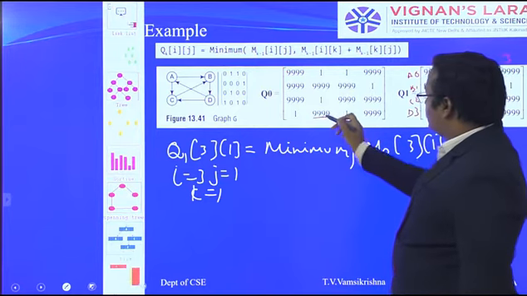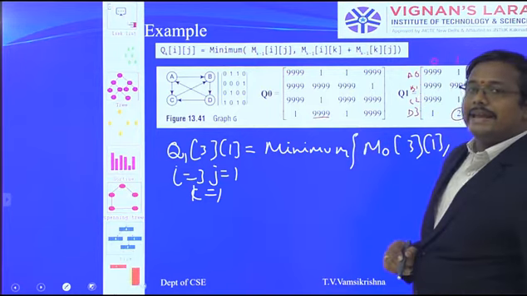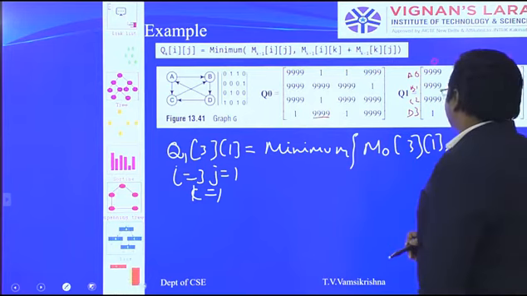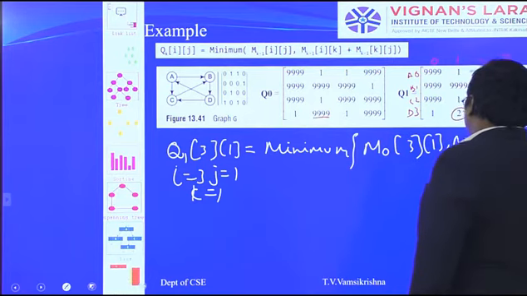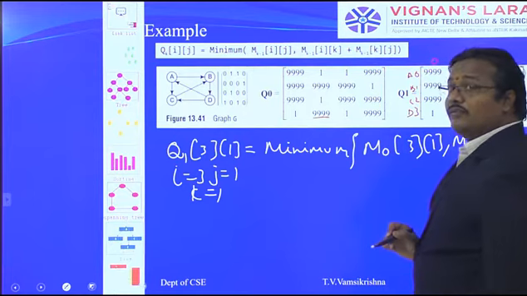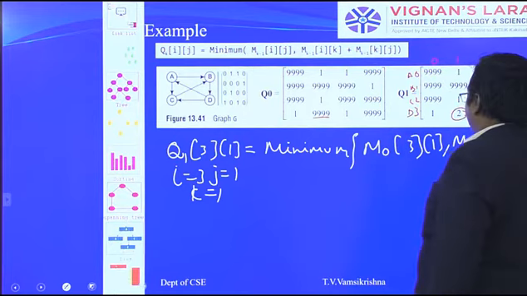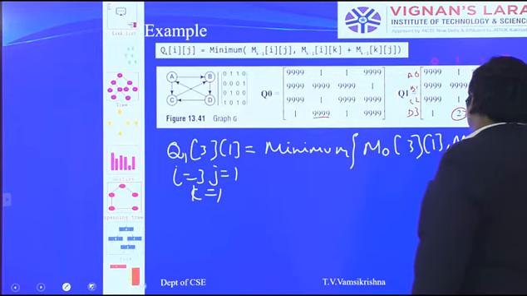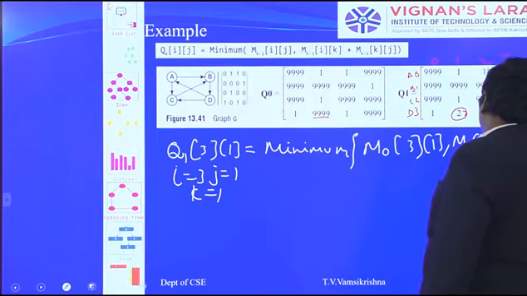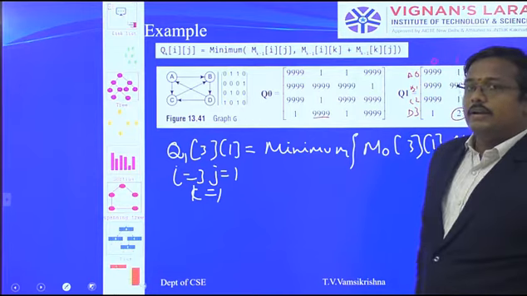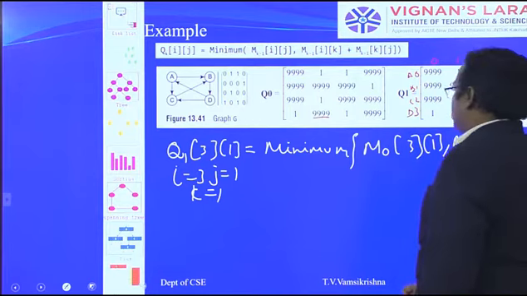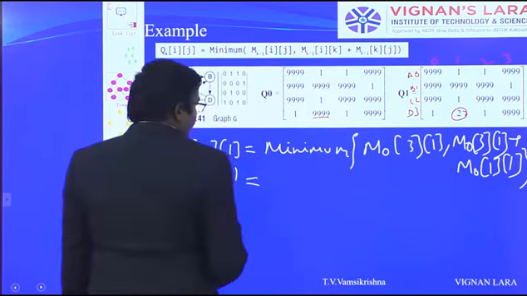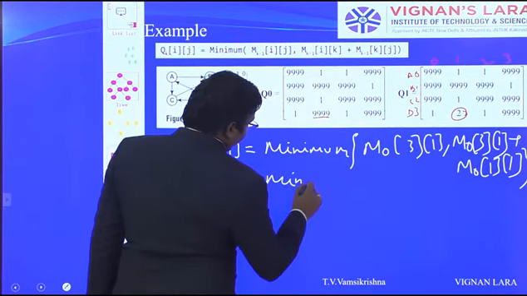What is the M0 of 3 comma 1 value? 999. Next, M0 of I comma K. What is the I value? 3. What is the K value? 1. Plus M0 of K value 1, J value also 1. So right now we are calculating the minimum.